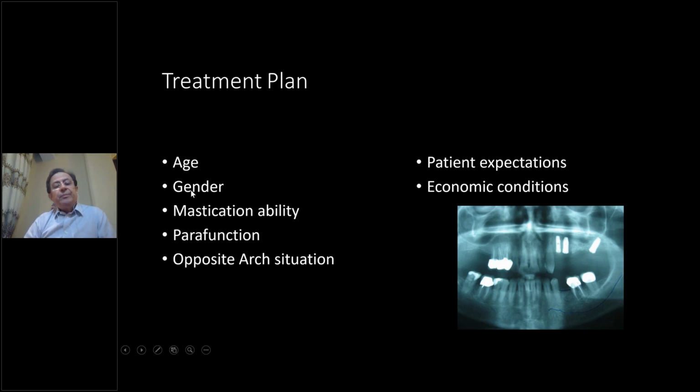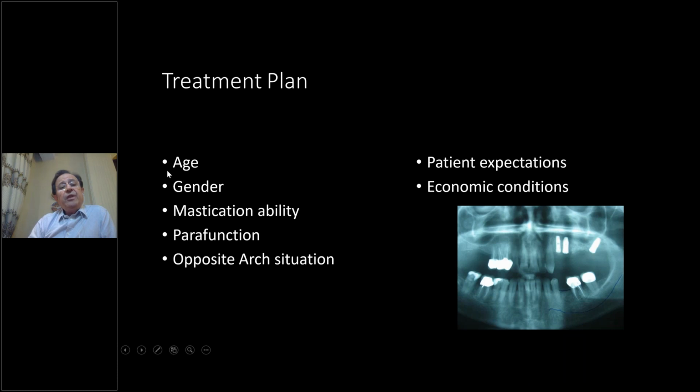Regarding gender, in females, due to less mastication power, we can consider a shorter implant, or in patients who have poor function, we must consider a longer implant. And we must also consider the opposite arch situation, which will be effective in our decision.